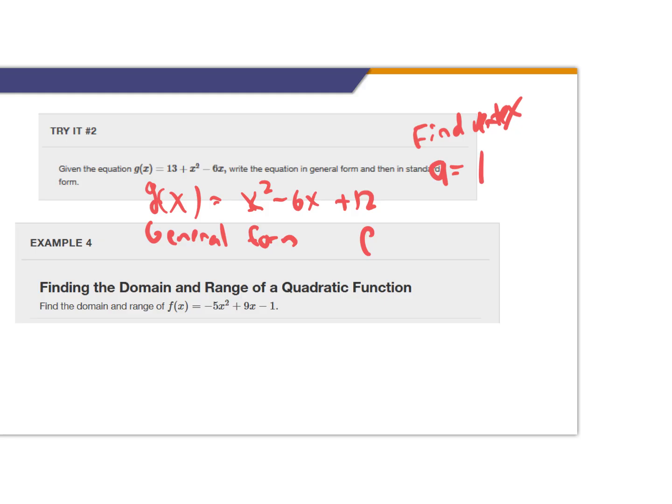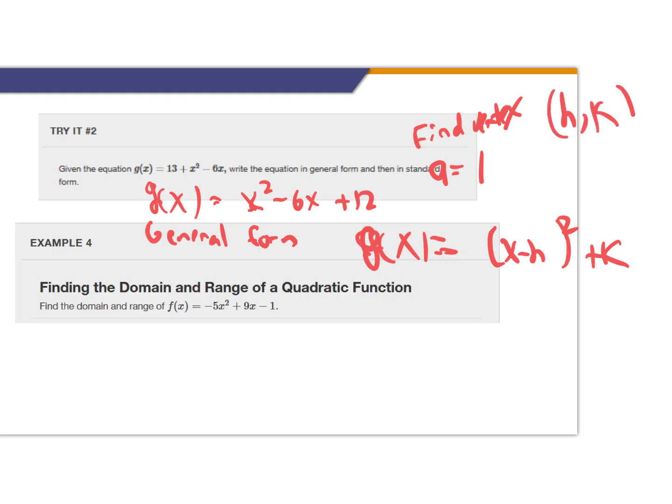They're using G. So G of x has to be the A, which is a 1. So I'm just going to leave it blank. X minus h all squared plus k. So just find the vertex, h, k. And if you come to me and show me your work, maybe I'll give you extra credit.